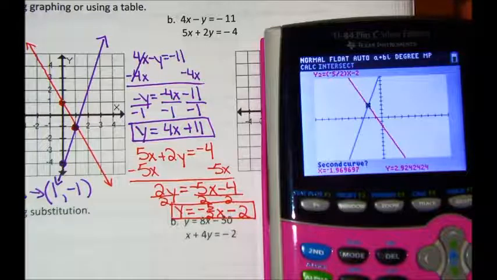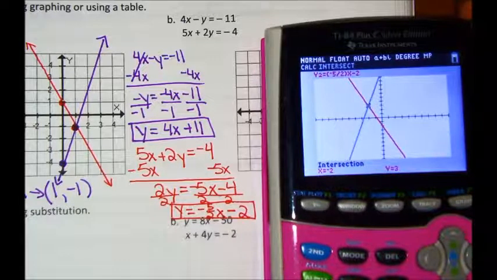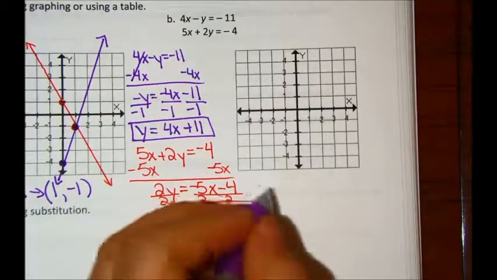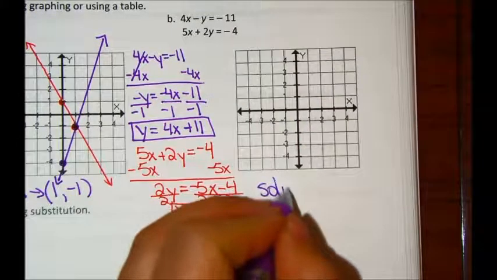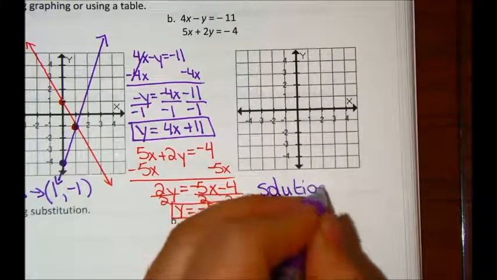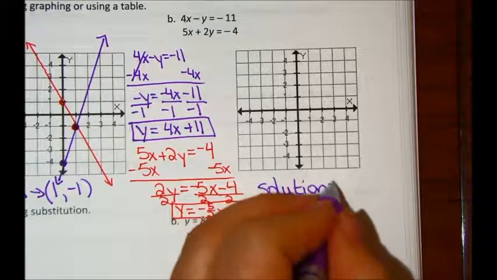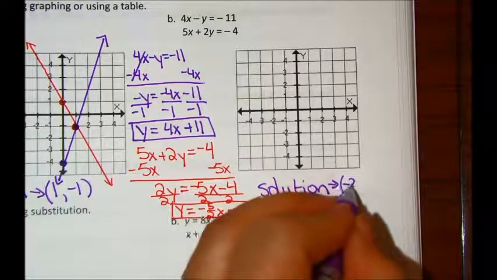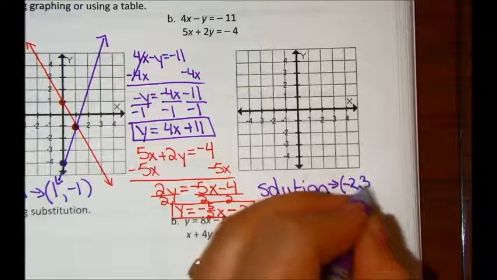Check to make sure your cursor is still close to the intersection and press Enter 2 more times. You can see that our intersection is at -2, 3. So our solution is at -2, 3.